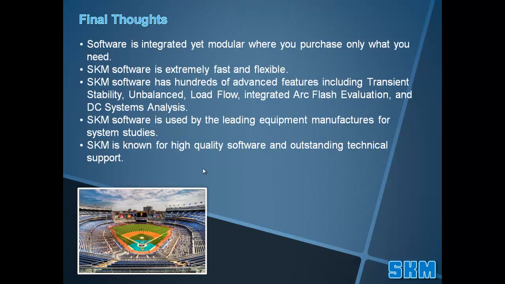The software has hundreds of advanced features, including transient stability, unbalanced conditions, load flow, integrated arc flash evaluation, and DC systems analysis. SKM software is used by the leading equipment manufacturers for system studies, and SKM is known for high-quality software and outstanding technical support.